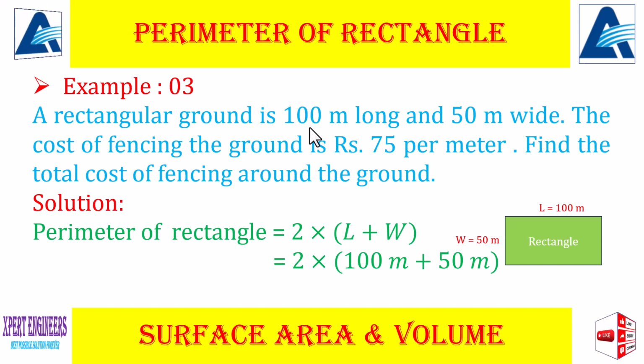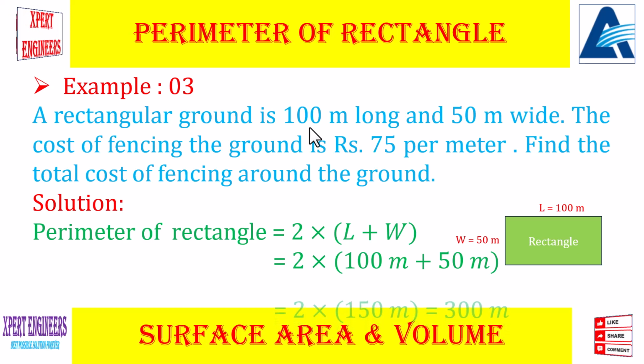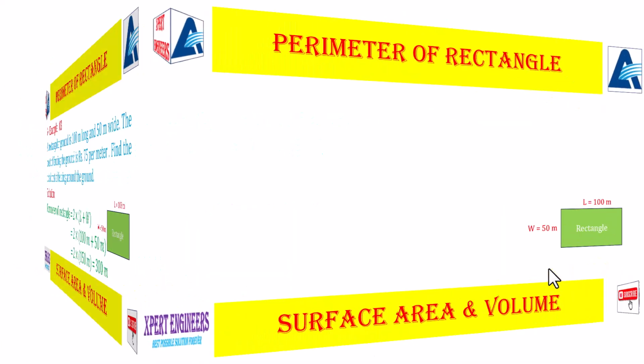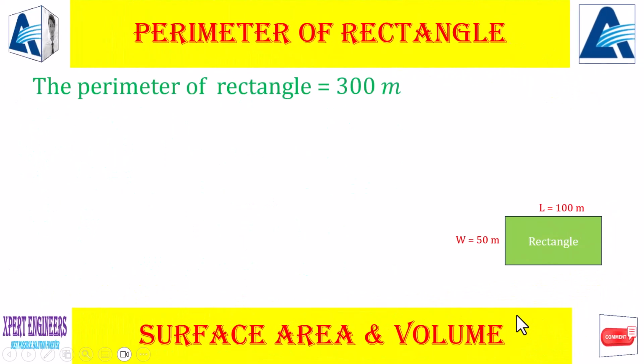By putting the values, we get 2 into (100 plus 50). If we solve this, then we get perimeter of rectangle is equal to 300 meters. And we have the per meter cost. If we multiply the per meter cost with the total length of all four sides, then we will get the total cost of fencing.